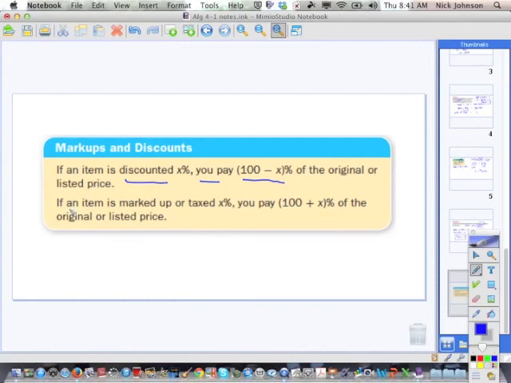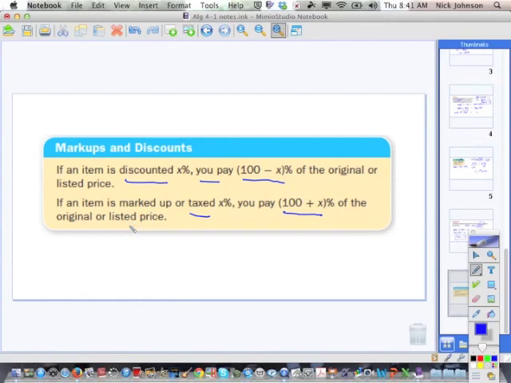There are such things as markups, say a markup on pants. When a business buys an item, they mark it up a certain percentage, so you have to pay more, which increases their profit. So a markup is a tax that you add: 100% plus X percent of the original listed price.